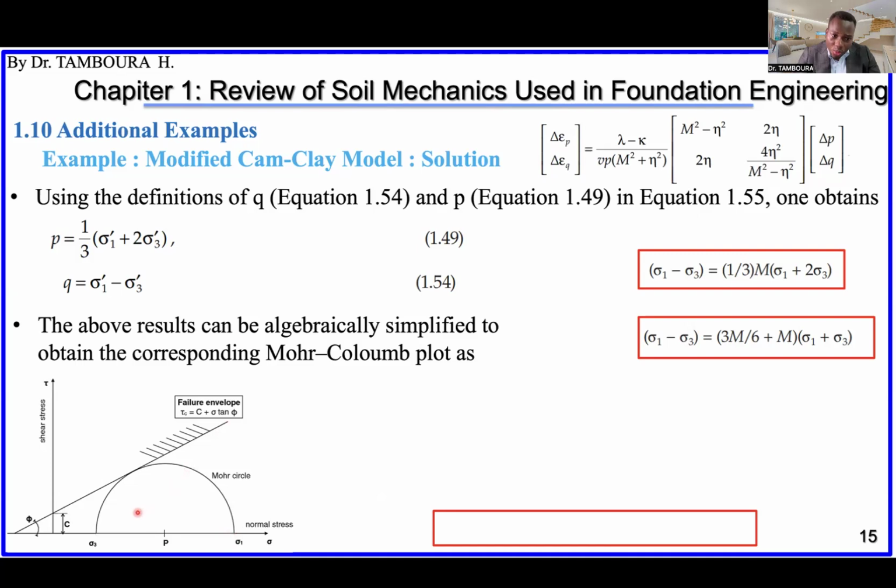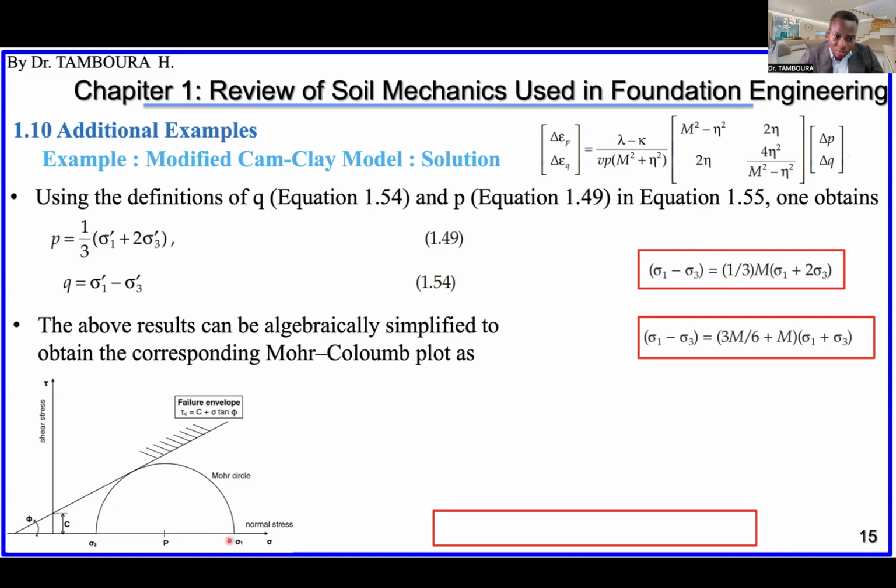So it means that once the circle touches the line here, it is failure. Okay, so if we take this circle, the radius of this circle is from this point to the point where the circle will touch the failure envelope. We can see that this distance that I'm trying to draw here, from here to here, is the radius of this circle, right?